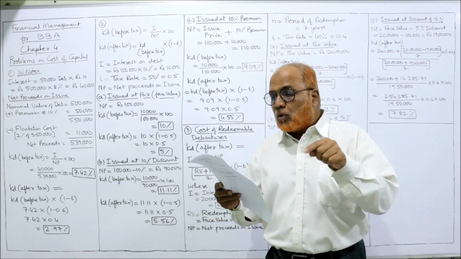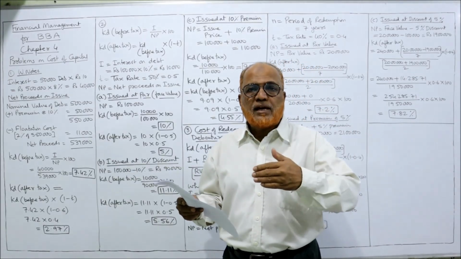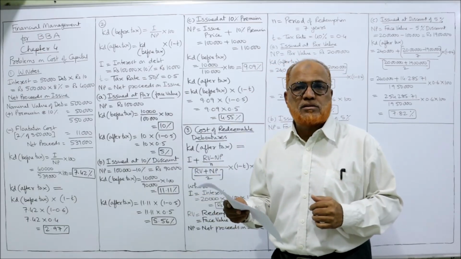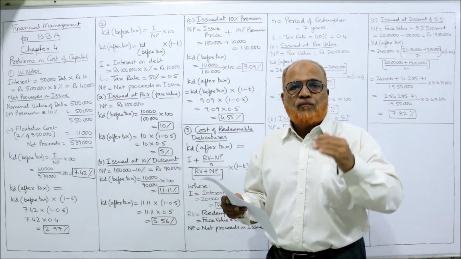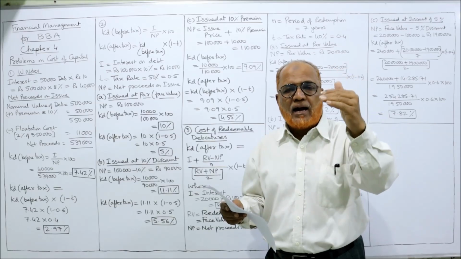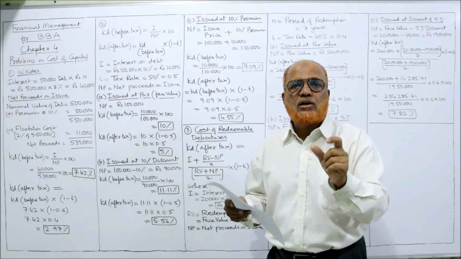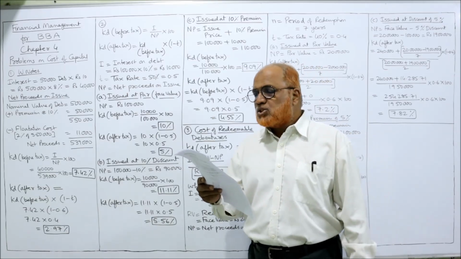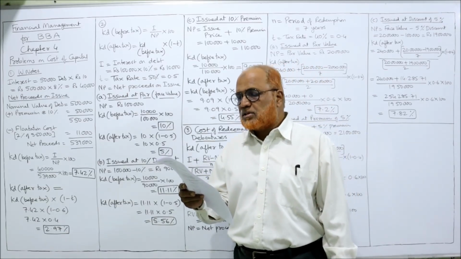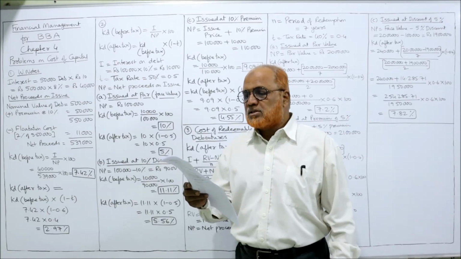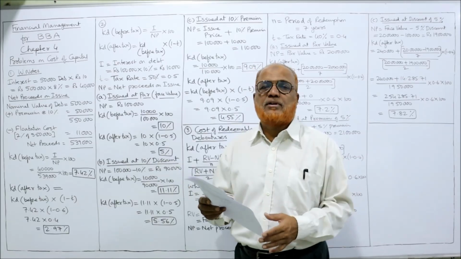The cost of flotation is 2%. These are the expenditure on issuing the debentures, cost of flotation. So first we take the face value, add premium, minus flotation cost to get the net proceeds on issue. Assuming the tax rate of 60%, calculate the cost of debentures before tax and after tax.